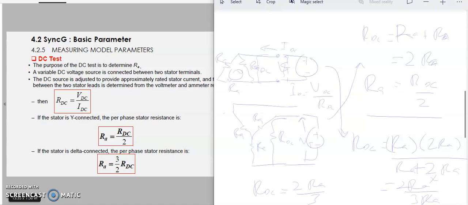And if you rearrange, you get RA equal to 3 over 2 RDC. So instead of memorizing this one, you had better understand how the formula or the equation is derived. Okay, hope you understand this one.